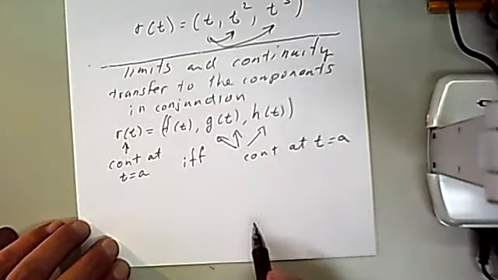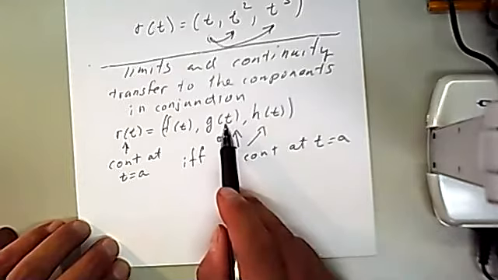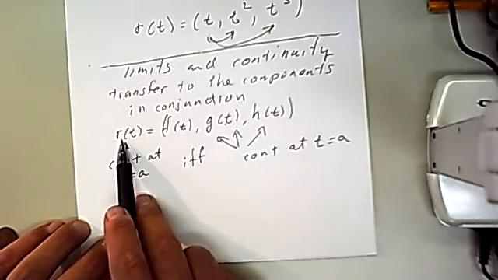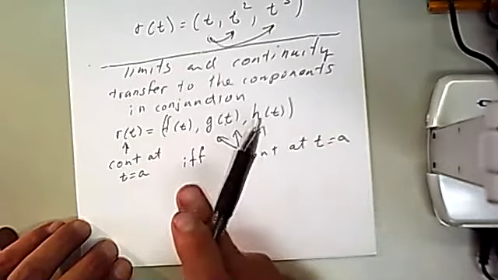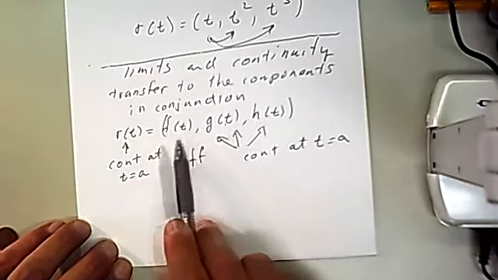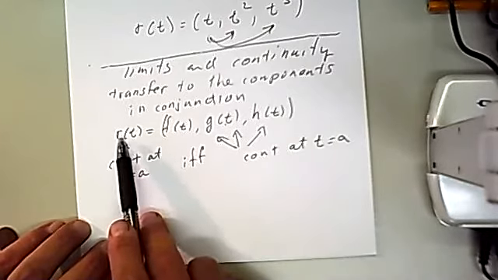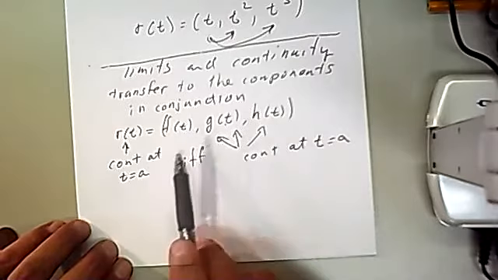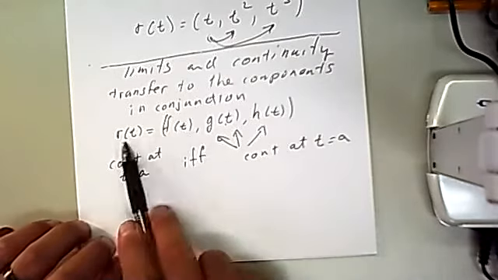So the 3 of them have to be continuous. If any one of them is not continuous, then the vector valued function is not continuous. Otherwise, this is not continuous.